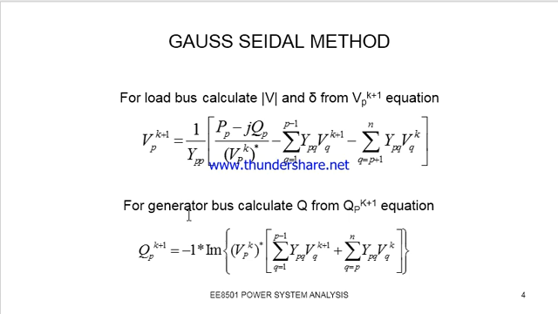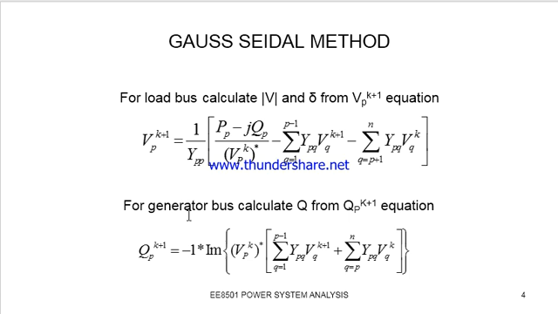So now we do have this formula: 1 by Ypp into Pp minus jQp by Vp k star, minus summation of q is equal to 1 to p minus 1 Ypq Vq k plus 1, minus summation of q is equal to p plus 1 to N Ypq Vq k.